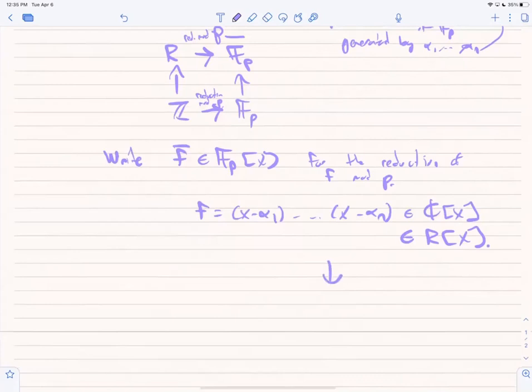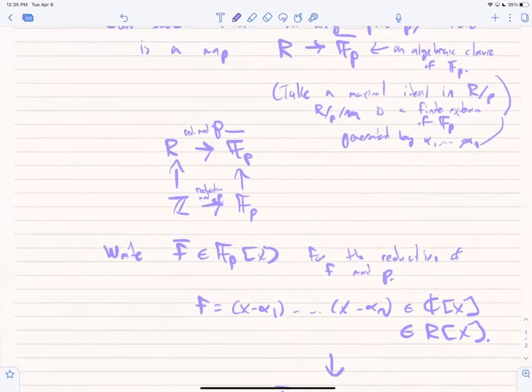And so then if I reduce mod P, this goes to f bar equals (x minus alpha 1 bar) and so on.